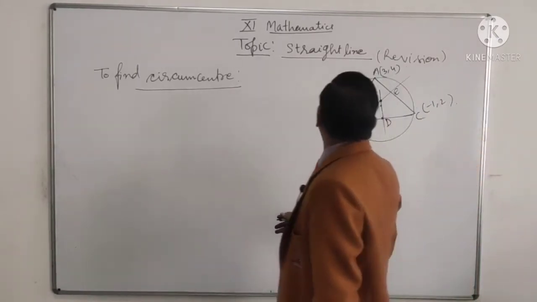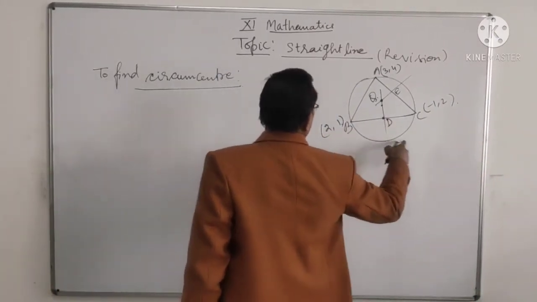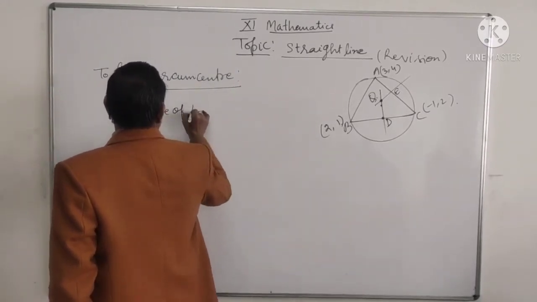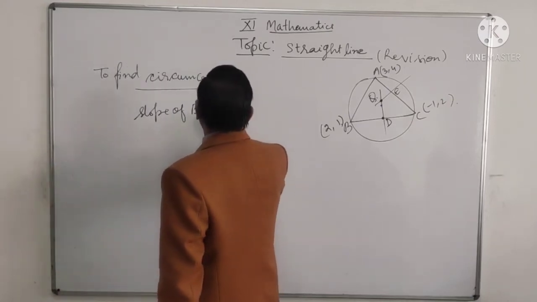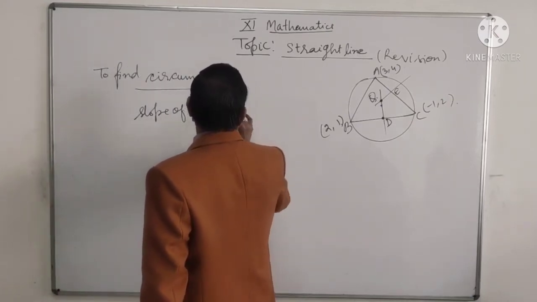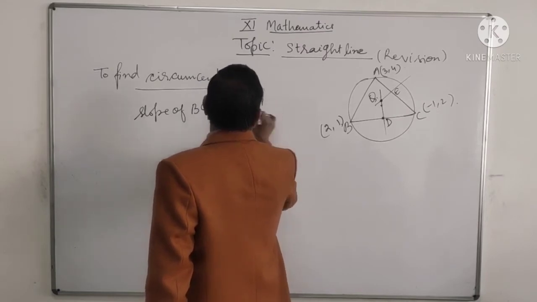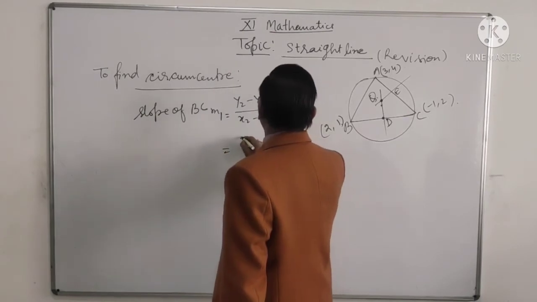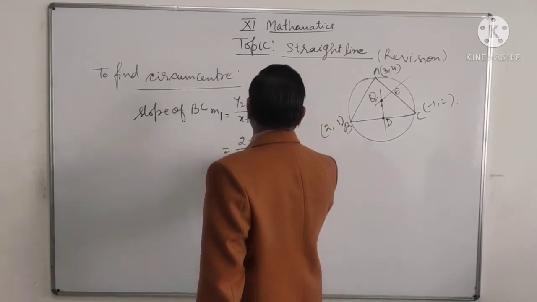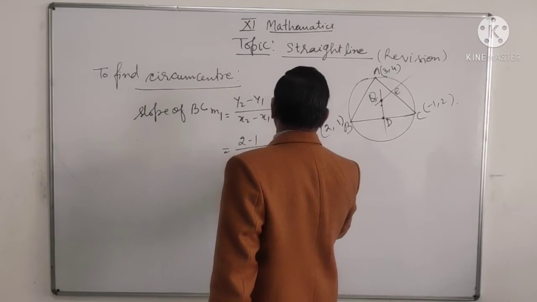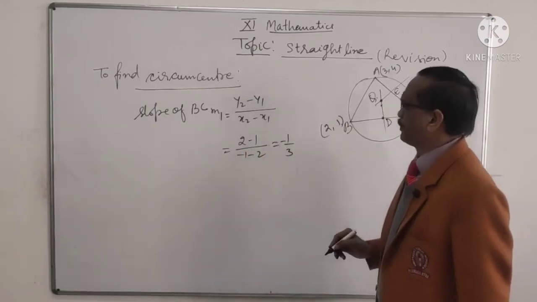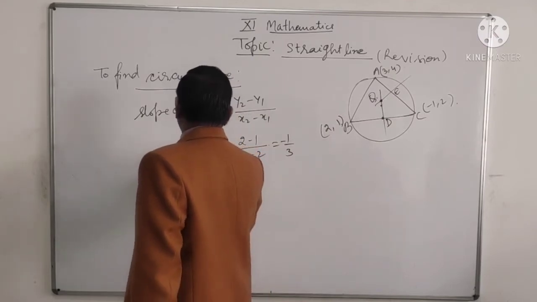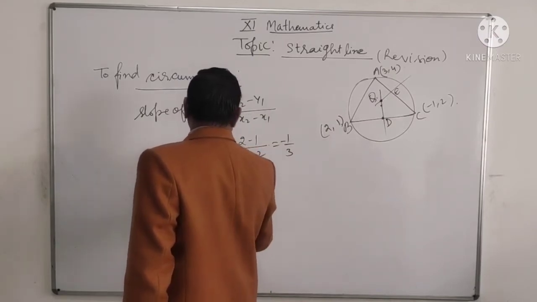So first of all, find the slope of BC. Slope of BC, suppose it is m1, formula y2 minus y1 upon x2 minus x1. It is 2 minus 1 upon -1 minus 2, or it is 1 upon -3. Then slope of QD is 3.